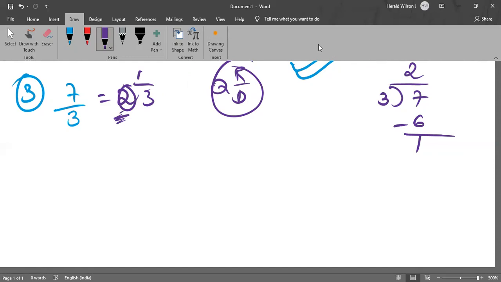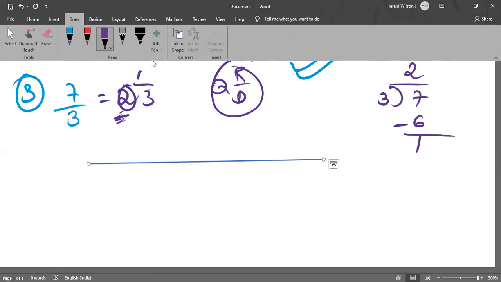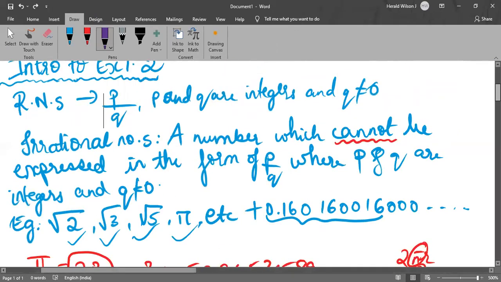So now we need to make the appropriate partitions by looking at the denominator. So now we need to construct a line. See, when we have improper fractions, we need to convert it to mixed fractions, and after that, by looking at this number here, we can say after which number this fraction which is coming after 2 is going to come. Clear?